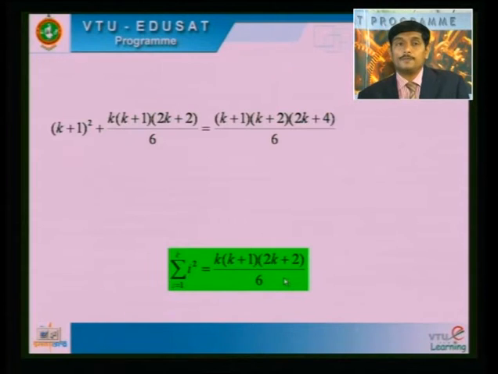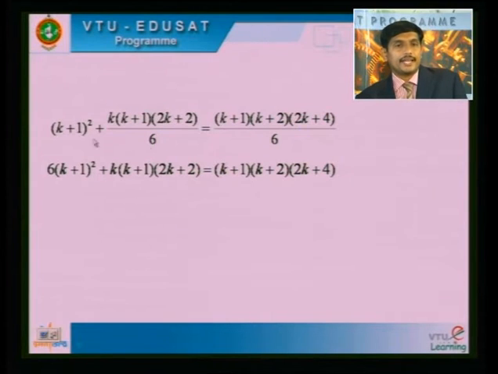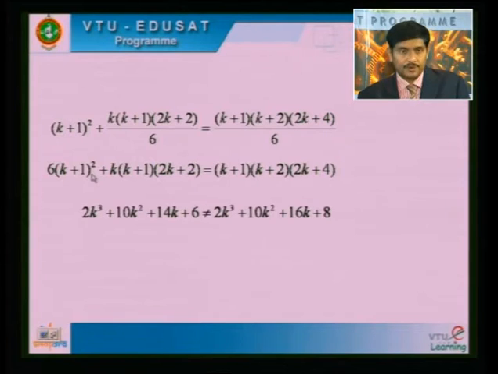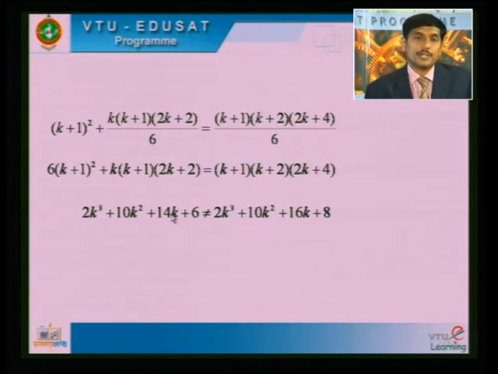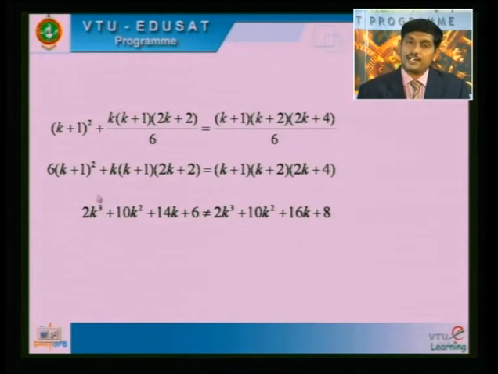Because this is the assumed value, we substituted here. Whether left and right hand sides are equal or not, you can check. Take LCM, 6 times k plus 1 the whole square plus k into k plus 1 into 2k plus 2, then the 6 cancels. The product of these and the expansion of a plus b the whole square gives 2k cube plus 10k square plus 14k plus 6 in the left hand side.